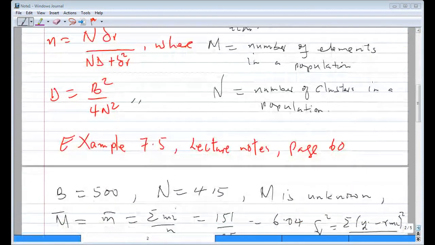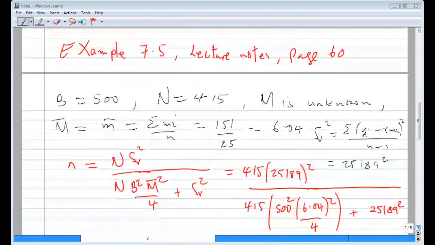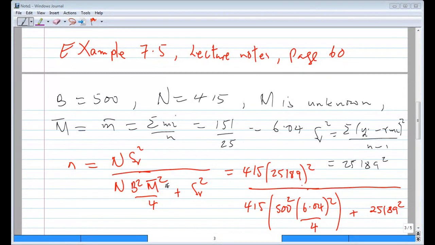For the mean, see where M is. It's here. So that means if M is not given, we are going to estimate it using M bar, like what we did here. So it's not like M is on the bound. It's not on the bound. It's just D is equal to B squared M bar squared over 4.